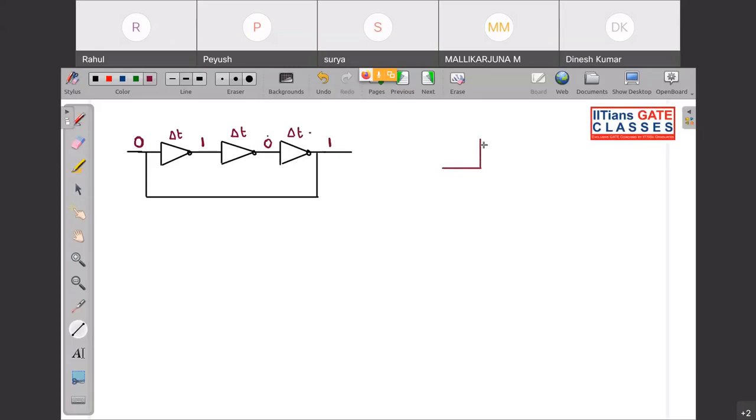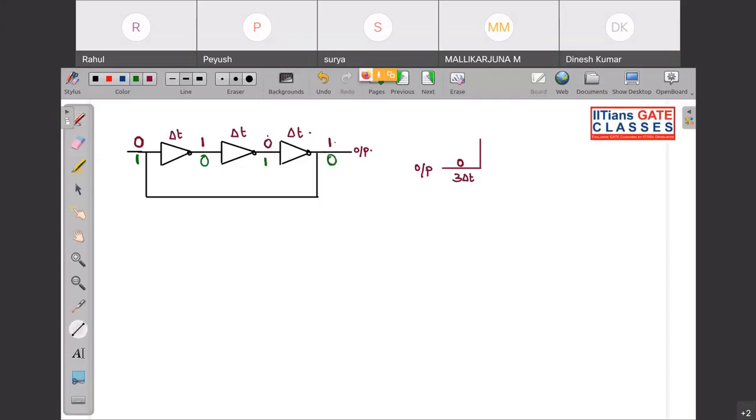Look very carefully. This is the output, and this is also the output. This 0 is getting converted to 1 after 3 del t. Now look, this one is feedback, so it will come back over here. This one will be converted to 0 after del t, this 0 will be converted to 1 after 2 del t, and this one will be converted to 0 after 3 del t.